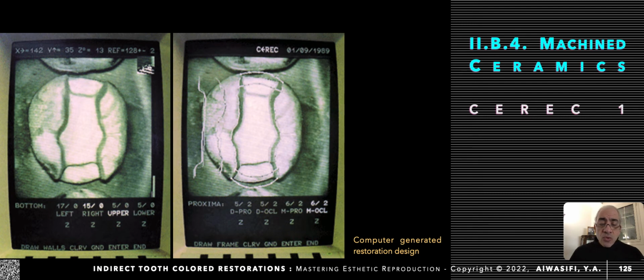This was an old version, more than 30 or 35 years old, where the operator is tracing the margins and designing the restoration manually without any proposal or any suggestions from the software itself.